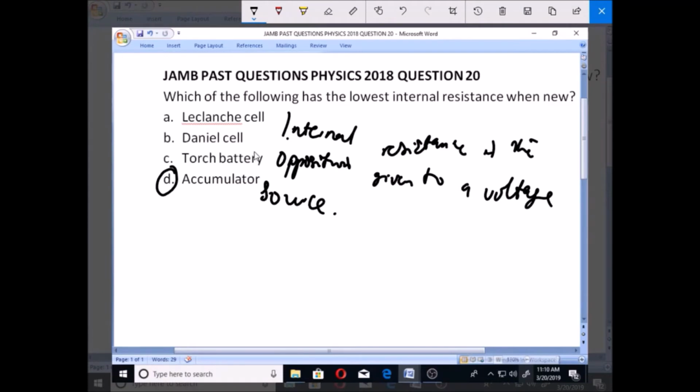So it's most likely going to be the one that has the least internal resistance. Because Leclanché cell and Daniell cells are smaller versions of battery cells, even torch battery. But the accumulator, we know, is what you use in big automobiles and in houses. So D is the correct answer for this. Thank you.